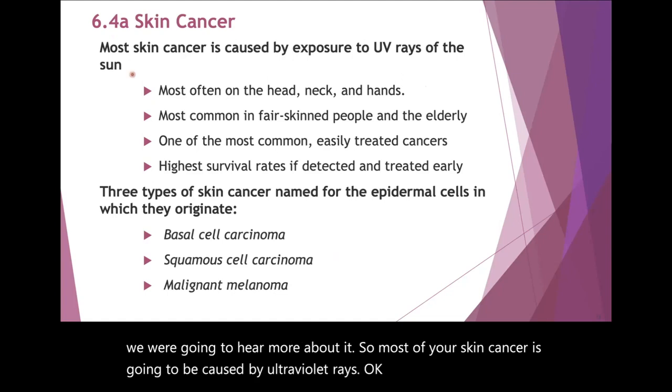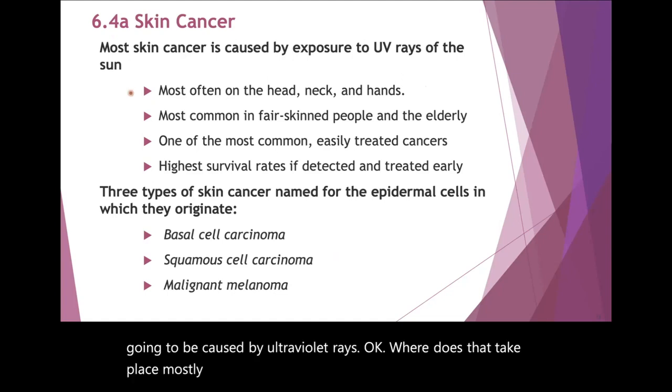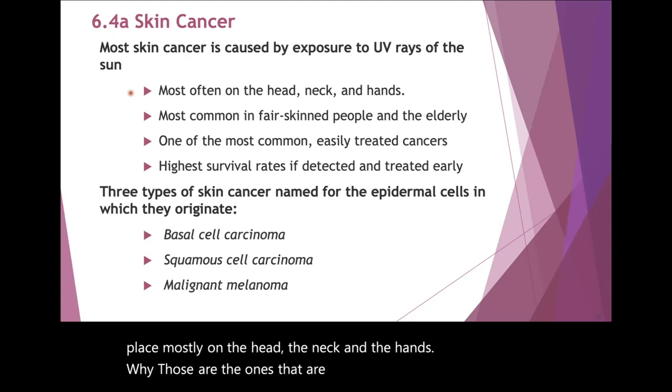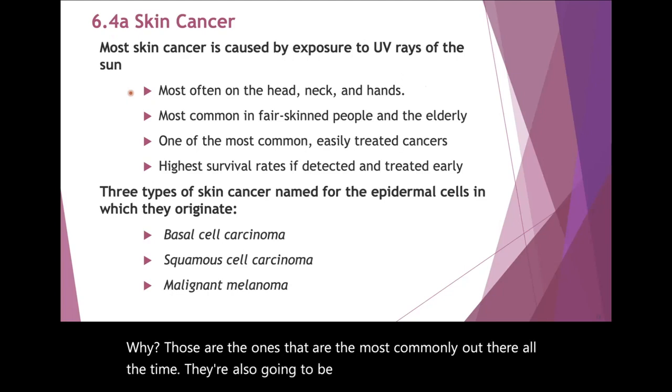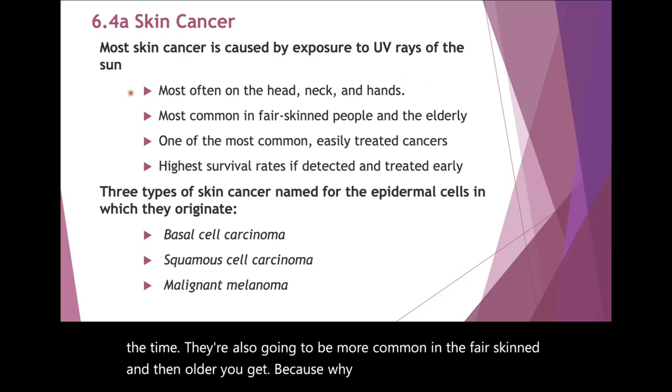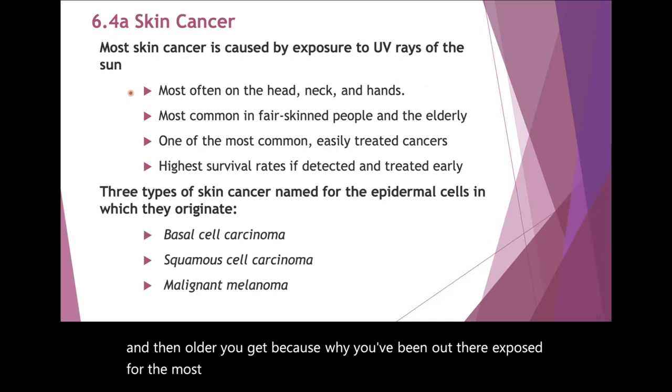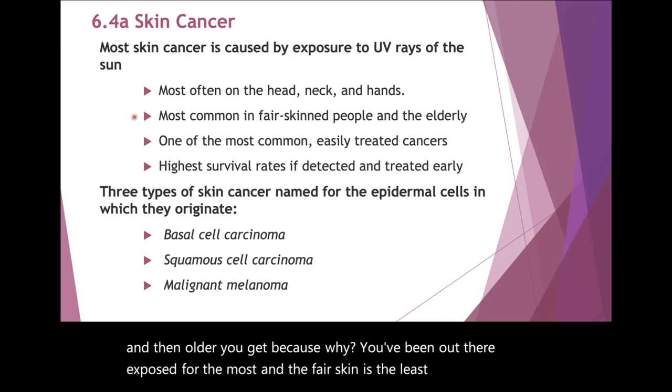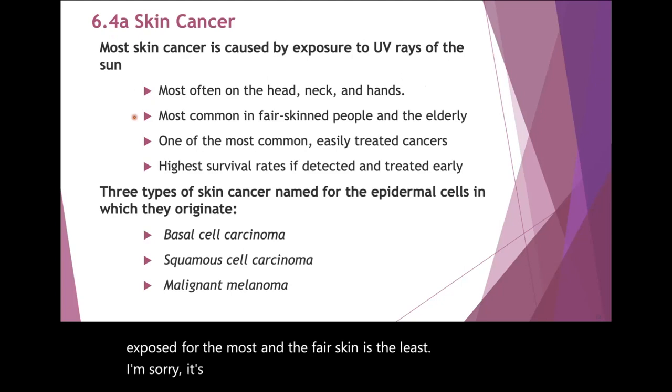Where does that take place? Mostly on the head, the neck, and the hands. Why? Those are the ones that are the most commonly out there all the time. They're also going to be more common in the fairer skinned, and then the older you get, because why? You've been out there exposed for the most, and the fair skin is the most susceptible because it has the least melanin.